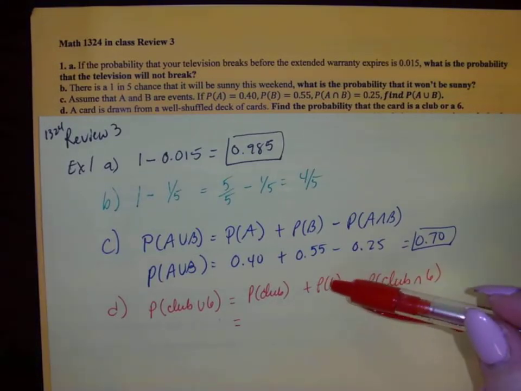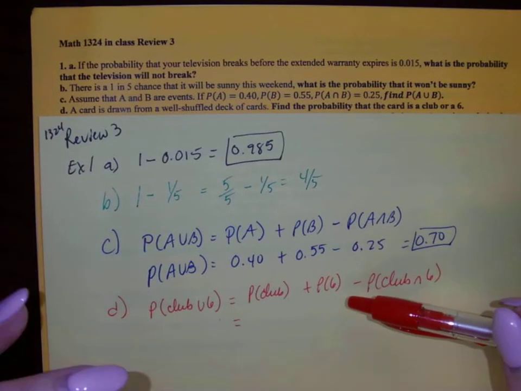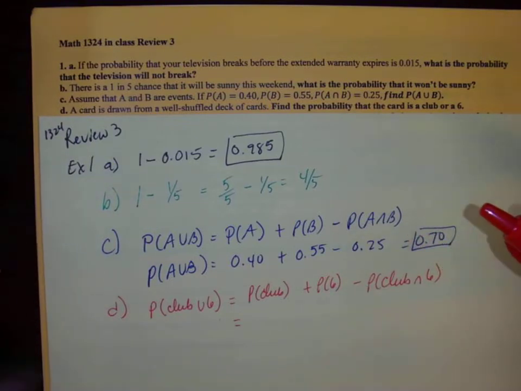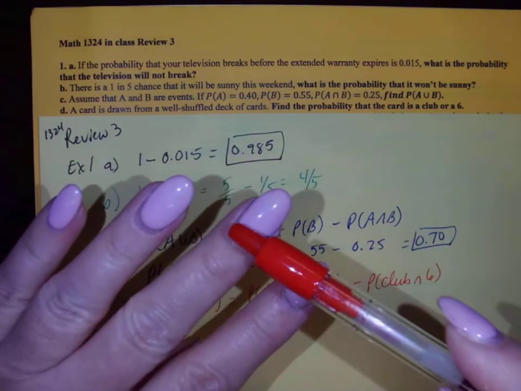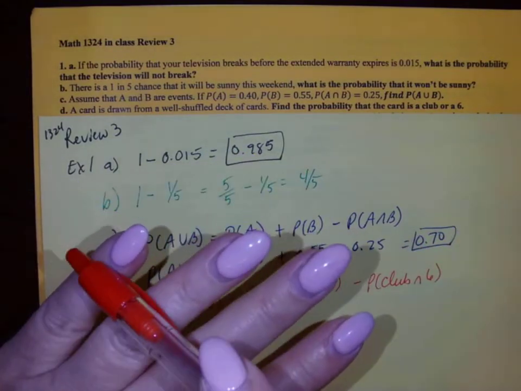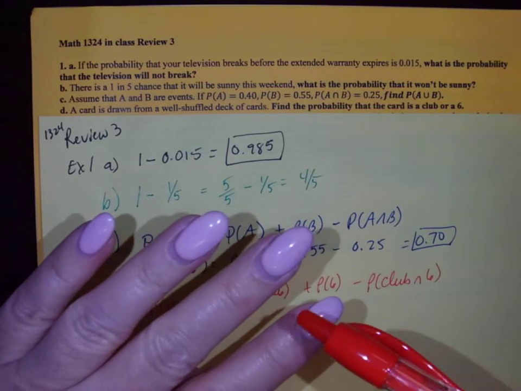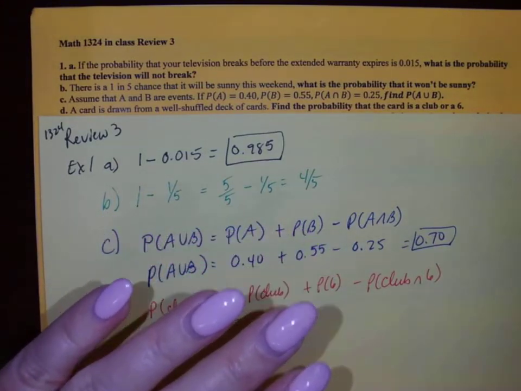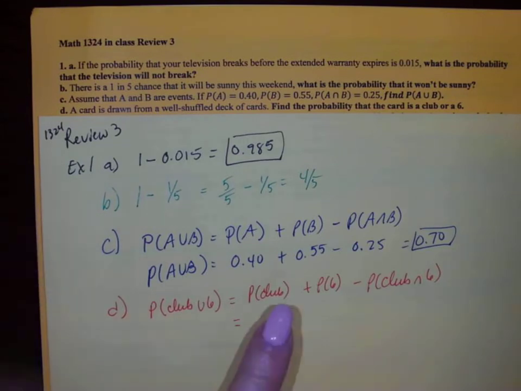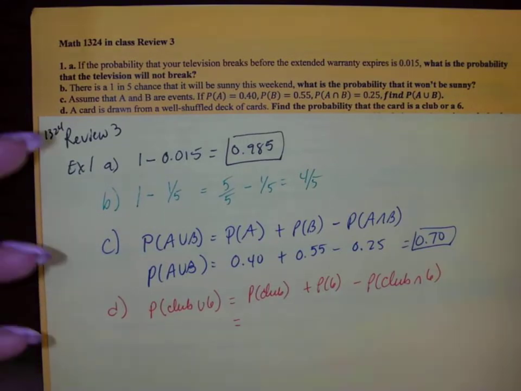And then for each specific card, like a 6, a 4, a 10, a king, a queen, there are 4 of each of those, because there's a 6 of clubs, a 6 of spades, a 6 of hearts, and a 6 of diamonds. Or there's a 10 of clubs, a 10 of hearts, a 10 of spades, a 10 of diamonds, whichever. So keep in mind that there's 4 of them.